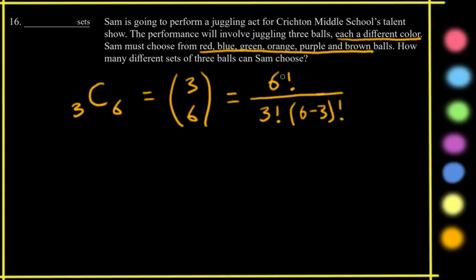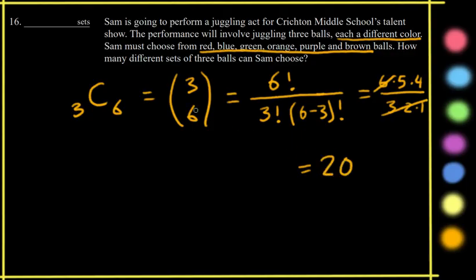If you write 6 factorial divided by 3 factorial, that's going to be 6 times 5 times 4, and I'm not going to write the times 3 times 2 times 1, not just because I'm running out of space, but because that's going to cancel out with this 3 factorial here. And then you divide this all by this other 3 factorial, so that'll be 3 times 2 times 1, which is 6, and that can cancel out with this 6, and you're left with 5 times 4, which is 20.